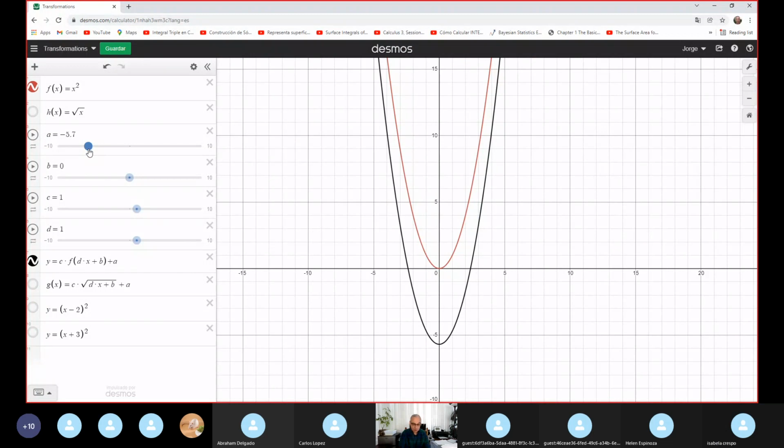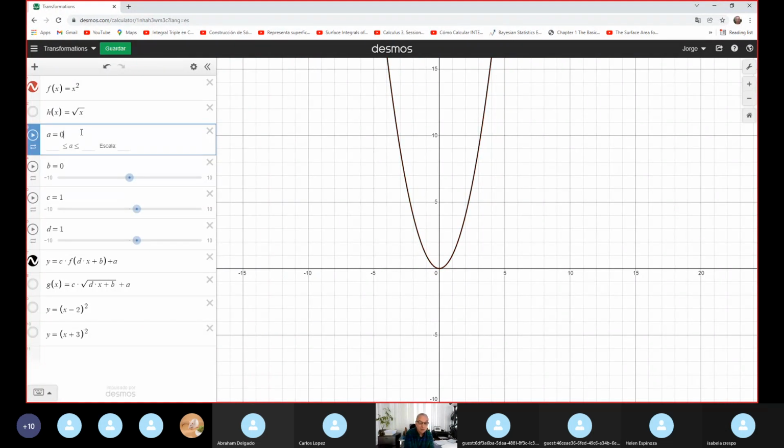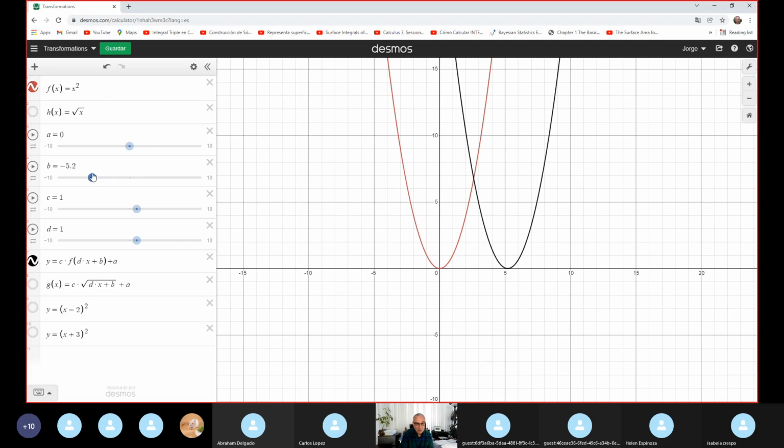Yes. Sure. Okay. Now B. Restore 0. No transformation. Bueno, B. Same parabola, but I change B. See, B is positive, the motion is to the left. Do you see? And see, B is negative, it is completely to the right. It's completely opposite operation because the transformation you are doing is inside the parenthesis of the function notation.